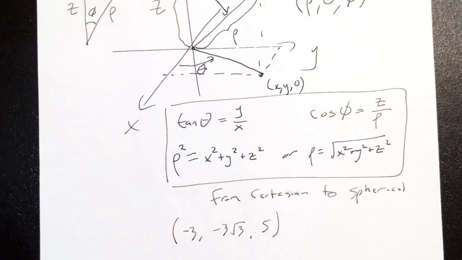We did this particular example yesterday. Only yesterday, we were working in cylindrical. How do I change this to do spherical?